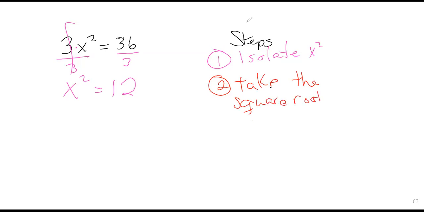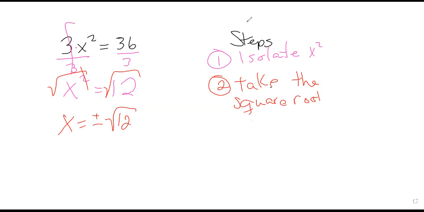I don't have my iPad, so the writing is a little funny. So we take the square root of both sides. Now my x squared cancels, leaving me with just x equals what? Plus or minus the square root of 12.